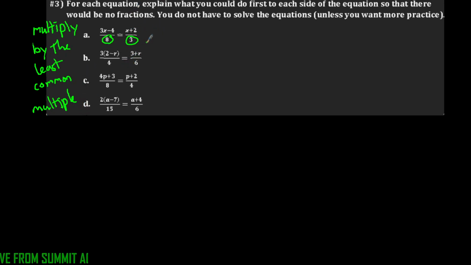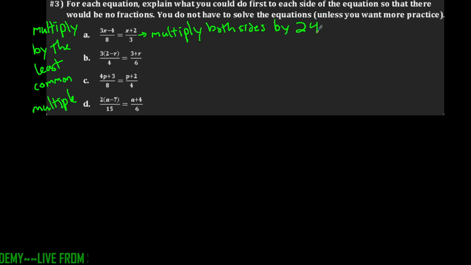I write multiples of 3 and multiples of 8, and I find 24, so for this one I multiply both sides by 24. For the next one, the least common multiple of these two is going to be 12, so multiply both sides by 12.